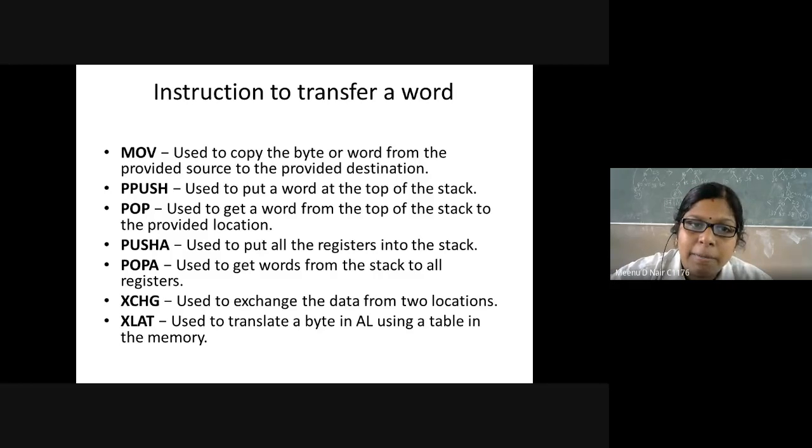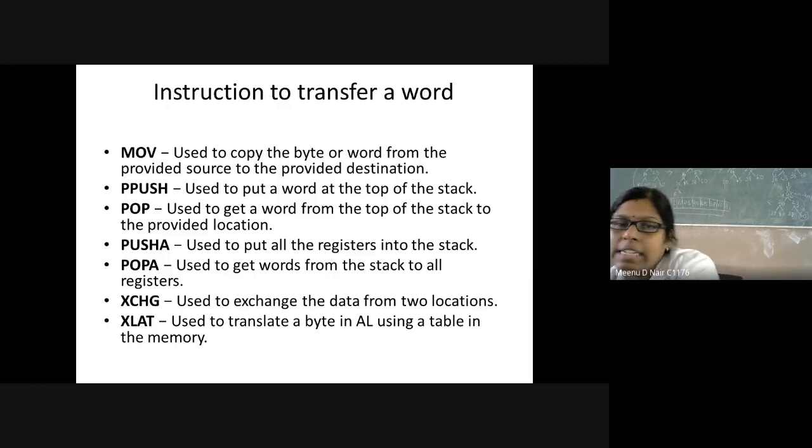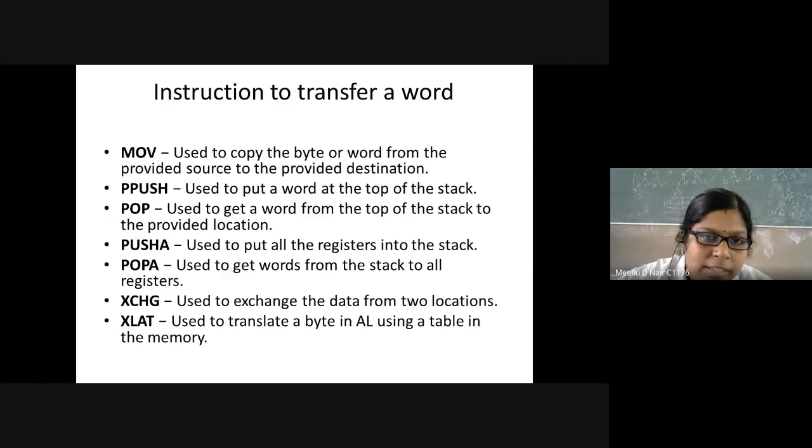After the comma, that is the source operand. Before the comma, that is the destination operand. First you write the destination, then you write the source. That is the destination and the source operand. So that is the move command.